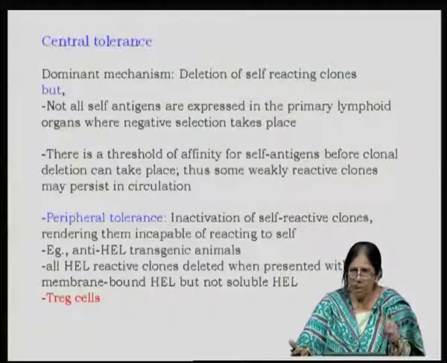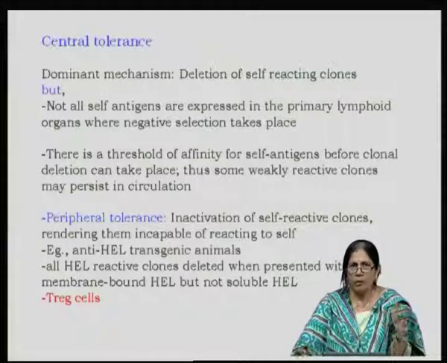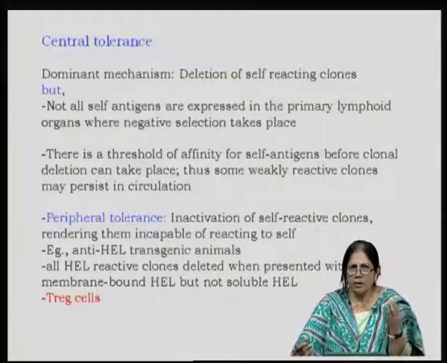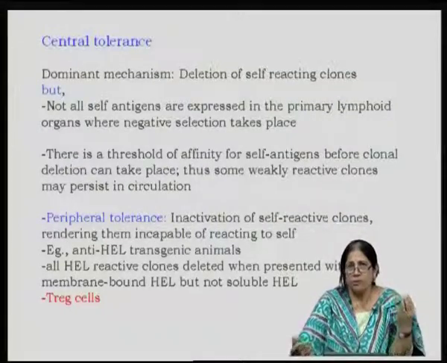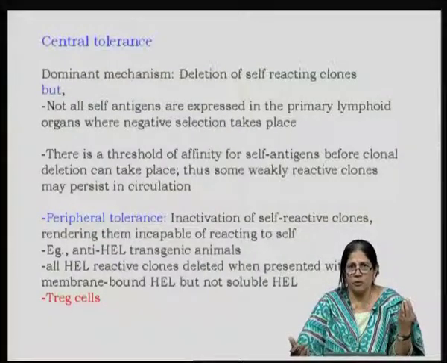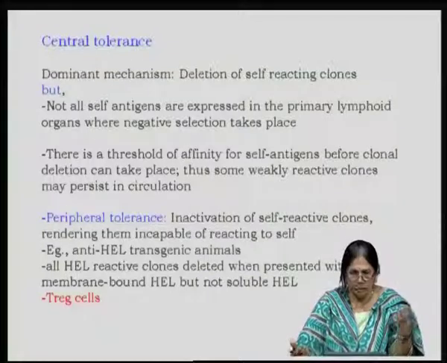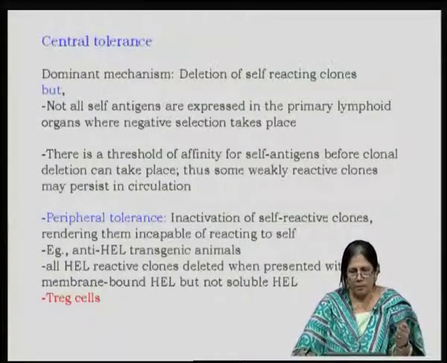Now, the mouse has been made transgenic with respect to HEL. Normally we would have a very small number of receptor bearing B cells to each antigen. Remember, we are supposed to evoke an immune response to something like 100 million different antigens. Therefore, if you want to study a particular population, you would make transgenic animals.